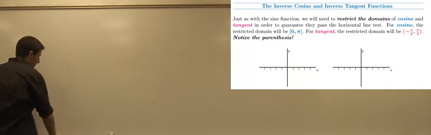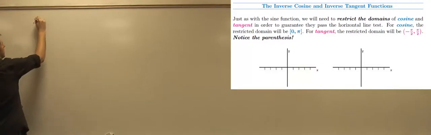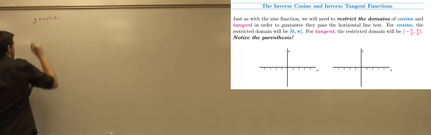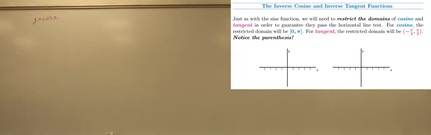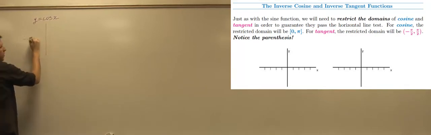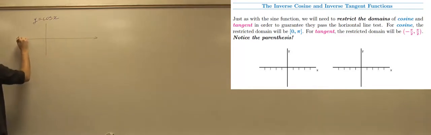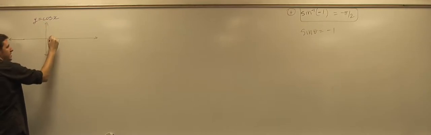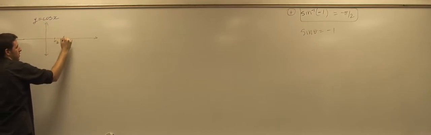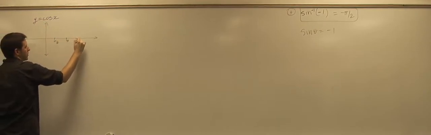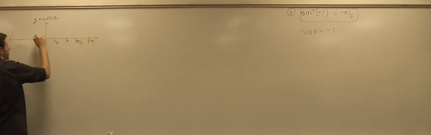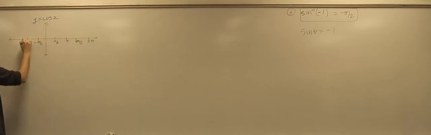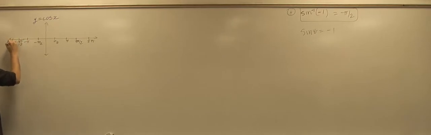So y equals cos x. What's this guy do? Let me go and label my x-axis here. Pi over 2, pi, 3 pi over 2, 2 pi. Negative pi over 2, negative pi, negative 3 pi over 2, negative 2 pi.